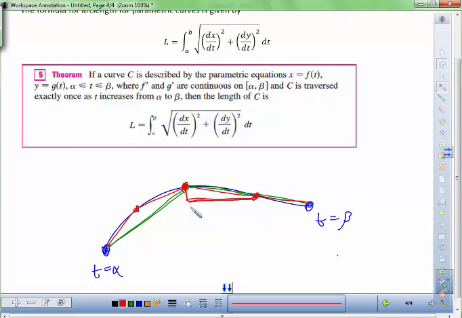Well, if we label this as some change in x and we label this as some change in y, we have our right triangle business, right? And then we have the Pythagorean theorem that says the hypotenuse over here is going to be the square root of change x squared plus change y squared.